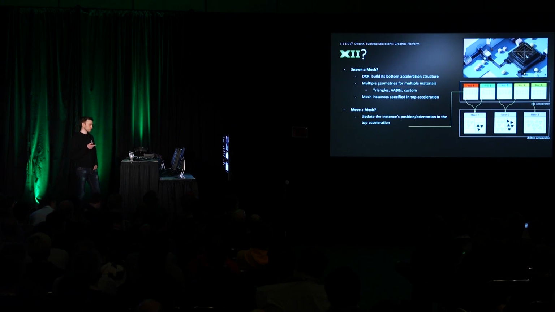In the demo, as you mostly saw with the little robots, and you'll see a bit more later if you come to the NVIDIA session, we update the top acceleration structure every frame. It's really fast because it's just pushing new matrices every frame, and you're not rebuilding BVHs from triangles, unlike the bottom one.